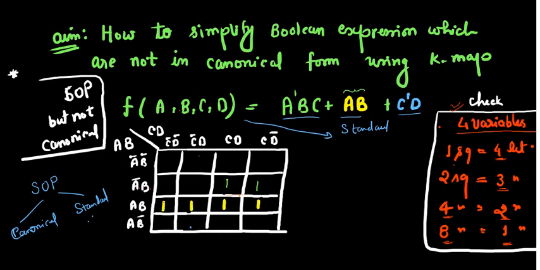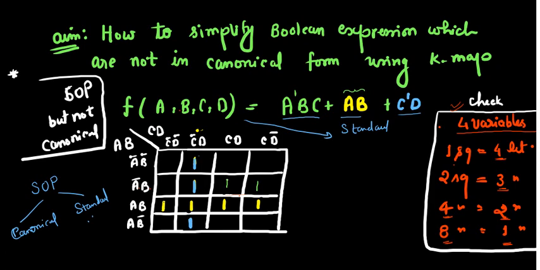In order to represent C prime D, you have to find out that this column is C prime D. We just fill 1 in this column. This one is already written here, so there is no need to write it one more time.